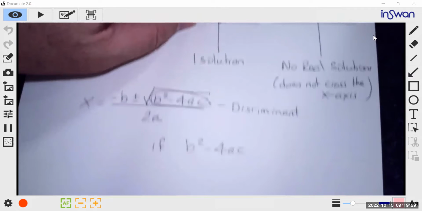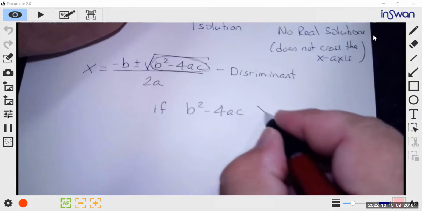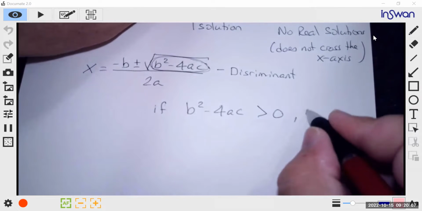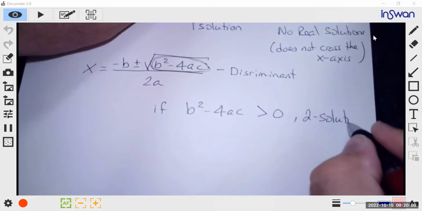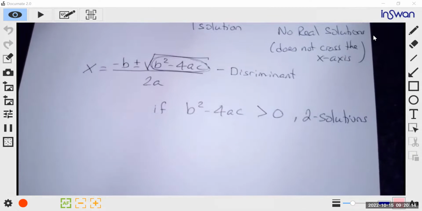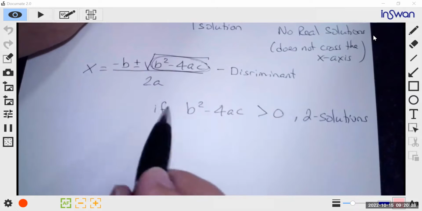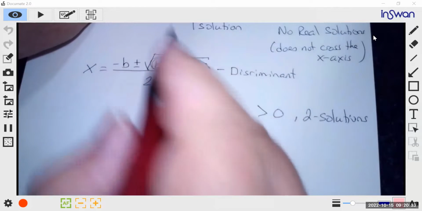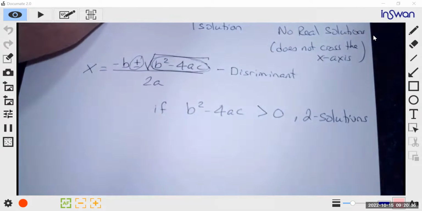If b squared minus 4ac, whatever's inside, is positive, greater than 0, we'll have two solutions. Why would it give us two solutions if that's positive? Let's say this equals positive 4. We take the square root of 4, we get 2. Then we have a plus or minus. Those are our two solutions.